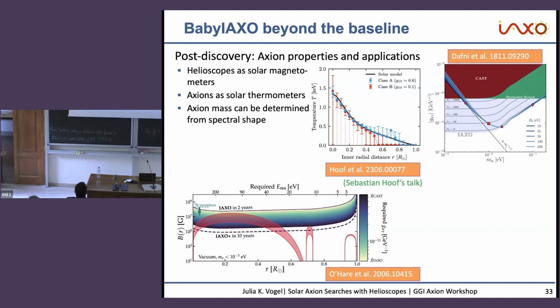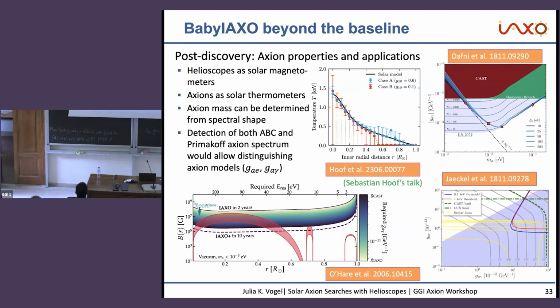Another thing that could be done is we could possibly determine the axion mass, if it's in a certain range, from knowing the spectral shapes. If we look at the spectrum and we have a mass in this region, according to the paper of Daphne et al., we could be sensitive to determine the axion mass more concretely from looking at the spectrum. And basically the same can be done for a combination of the axion-electron and axion-photon coupling.